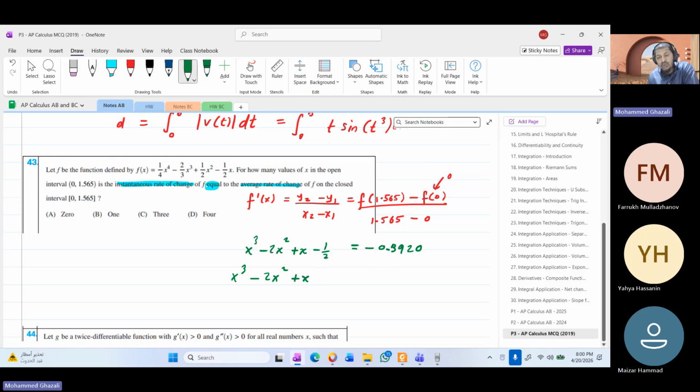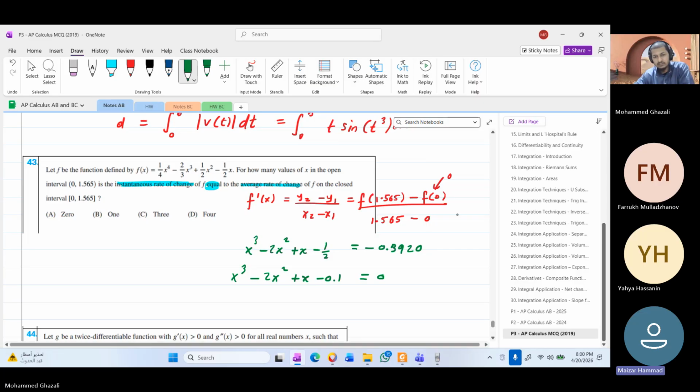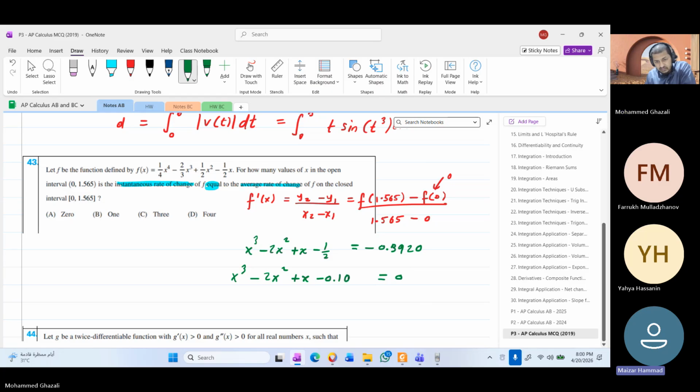No. Minus half plus 0.39, you should get 0.11 something like that. Bring that equation to the other side: minus 1/2 plus 0.3920, you'd get negative 0.108. Very good. Now, we just need to solve this equation.